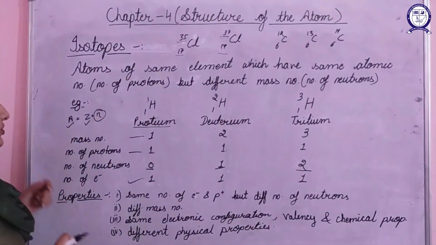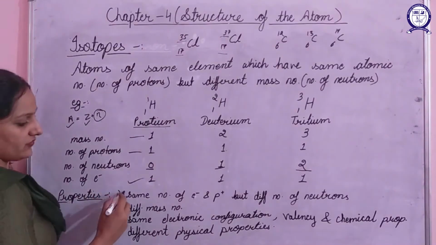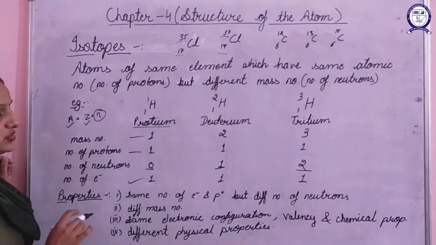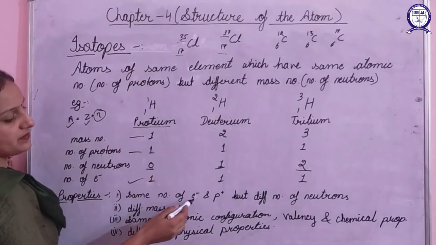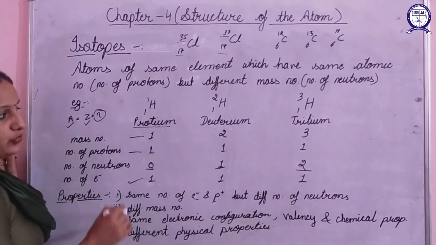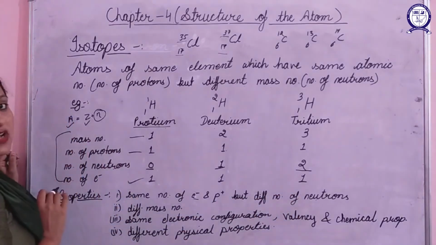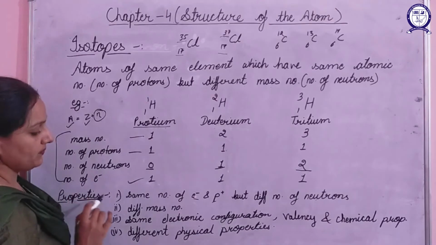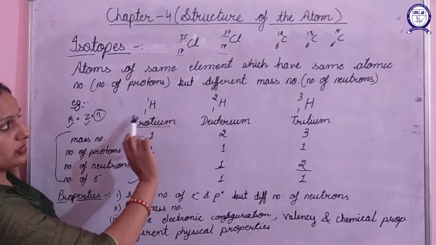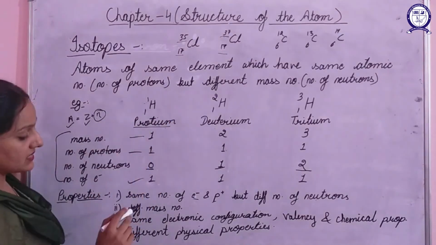If we talk about the properties of isotopes, the very first property that we studied in the definition also is that they have the same number of electrons and protons and different numbers of neutrons, as we have seen with the isotopes of hydrogen. Different mass number: two isotopes will differ in their mass numbers.